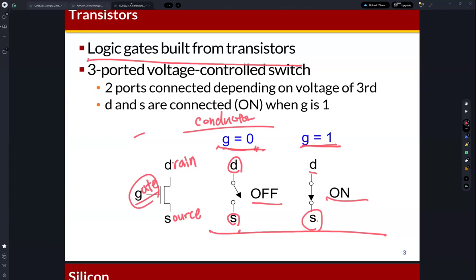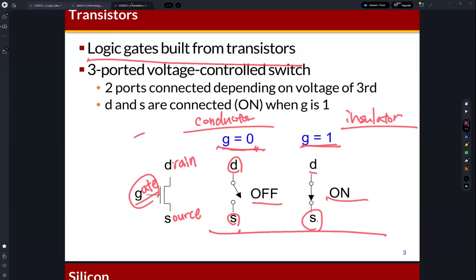What is the opposite word of conductor? Insulator. An insulator does not have many free electrons, so the current cannot flow through insulators.